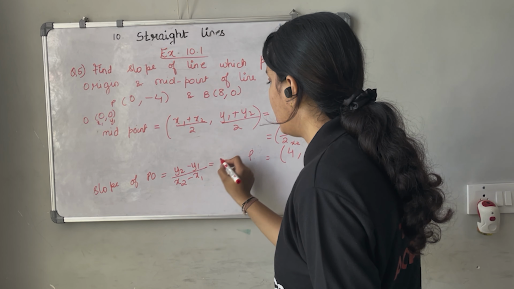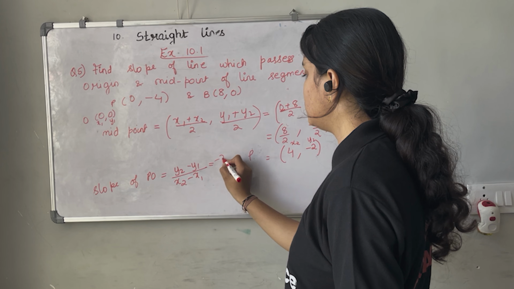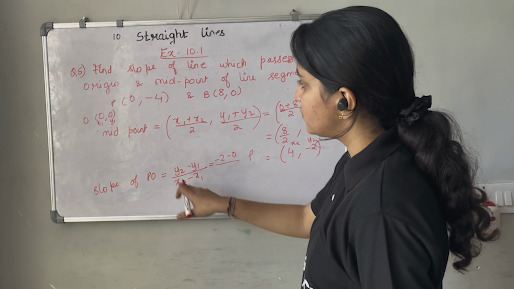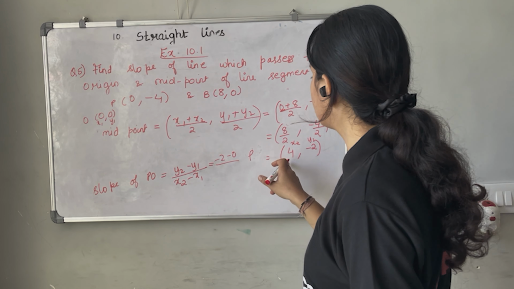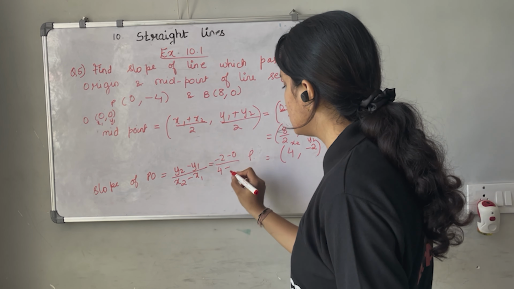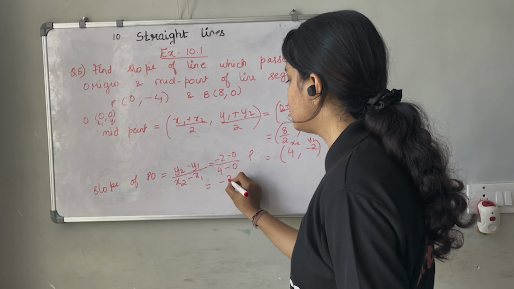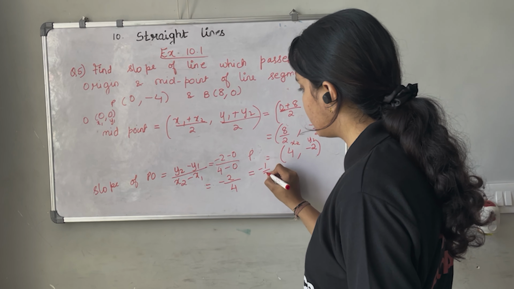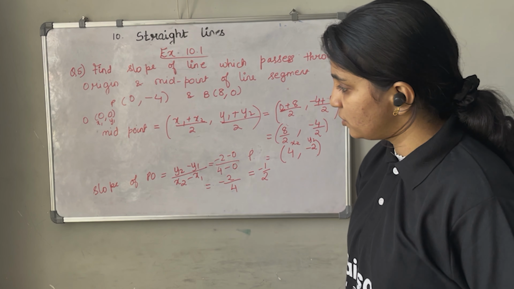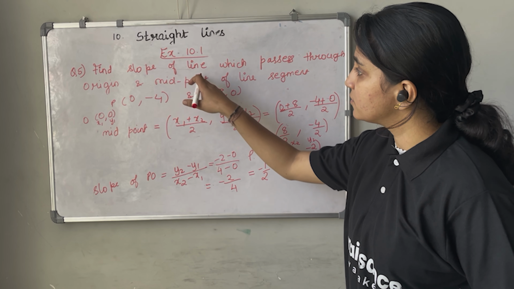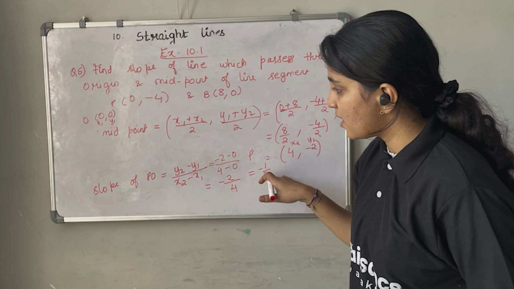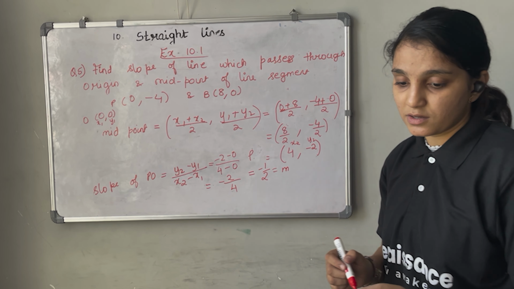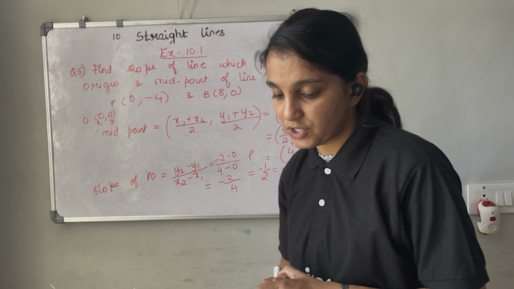Y2 is minus 2 minus 0 upon x2 is 4 minus 0. So that will be minus 2 upon 4, which is minus half. So the slope of the line is minus half. Next problem which we will solve is question 8.